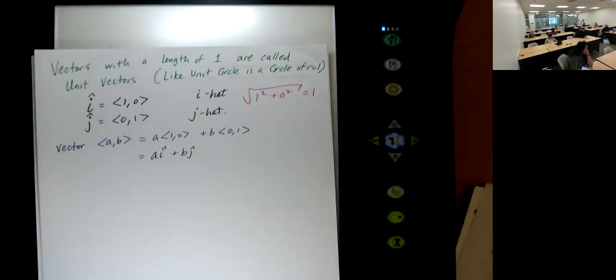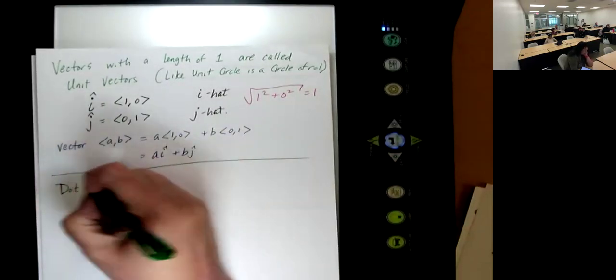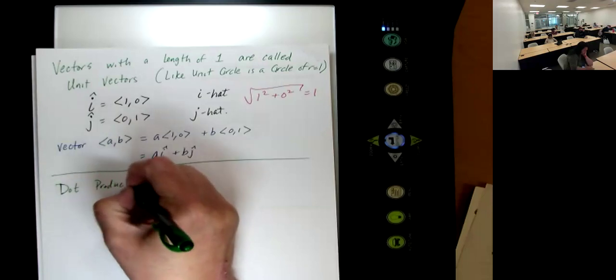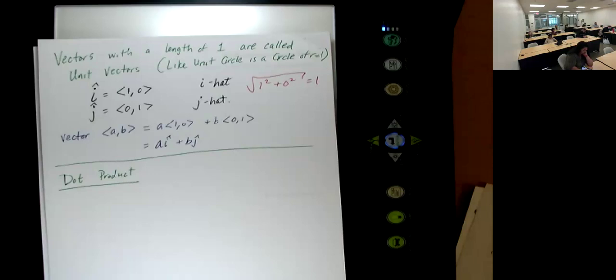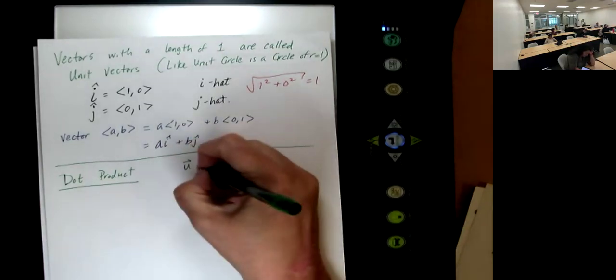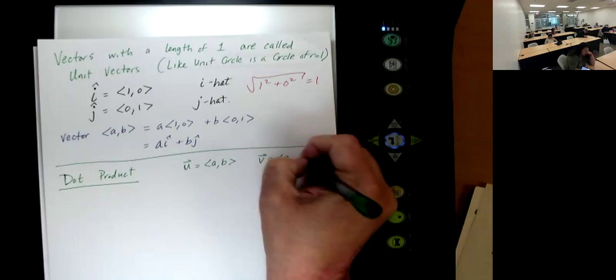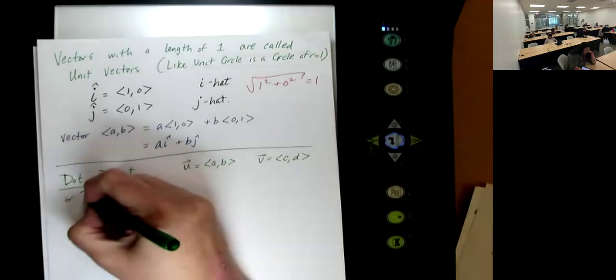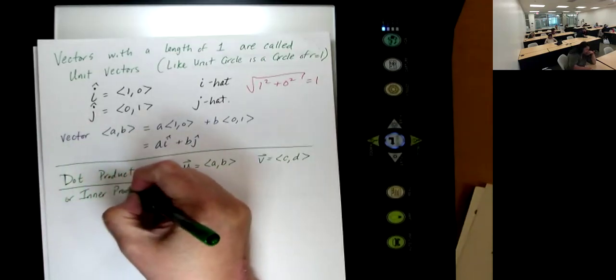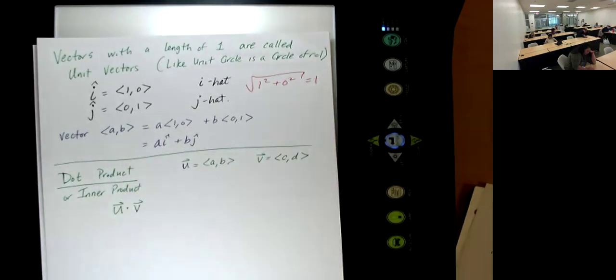Alright, we'll take advantage of that kind of stuff in a second, after we talk about the dot product. So for this, u is still gonna be a, b. v is still gonna be c, d. The dot product, or inner product, has a dot between them.